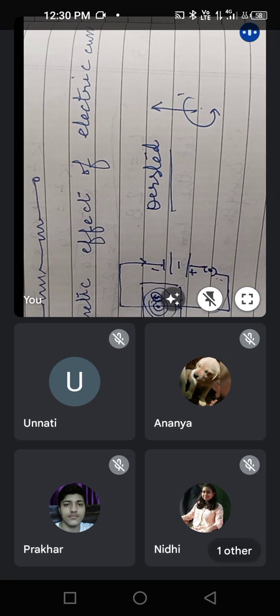This is given by the right hand thumb rule, and this experiment is called the Oersted experiment. Okay.